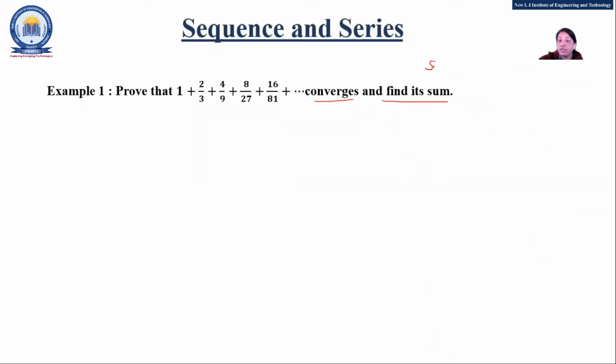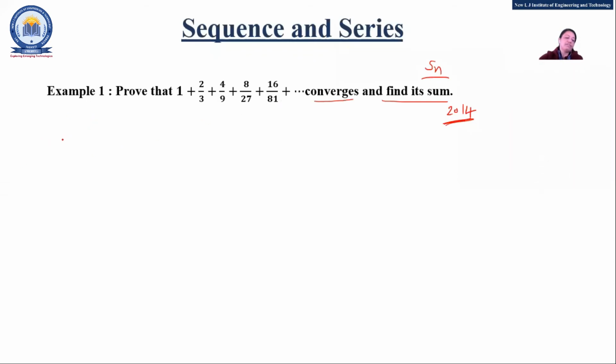That means you need to find Sn. This was asked in 2014. Whatever sums are given in a book on geometric series, just try to solve them.